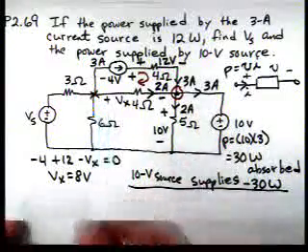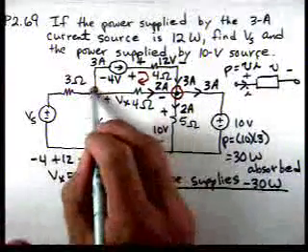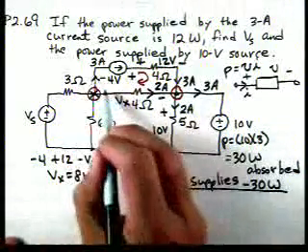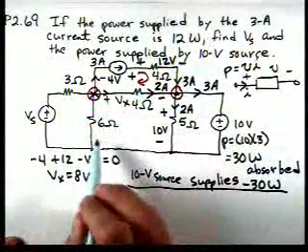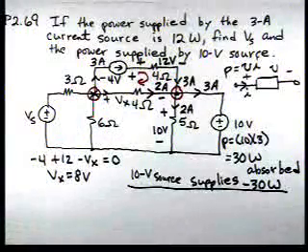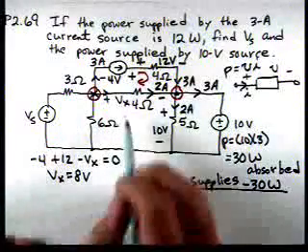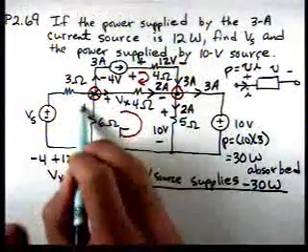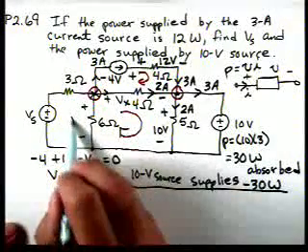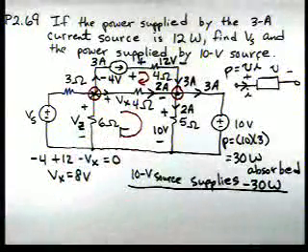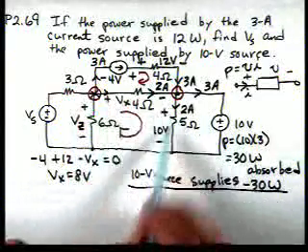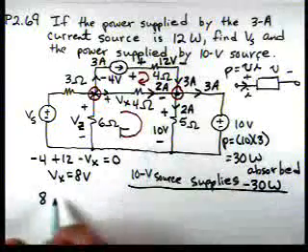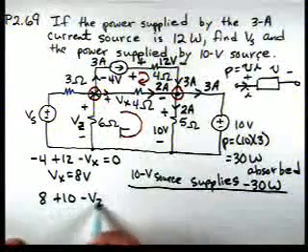Now, if we go back to this node and look at the currents, we know this current and this current. If we could calculate this current, then we could find that current. Let's apply KVL around this loop to calculate this voltage, and I'll call it V sub Z. Starting here at the red circle and going around clockwise, we have Vx, which is 8, plus 10, minus V sub Z is 0.